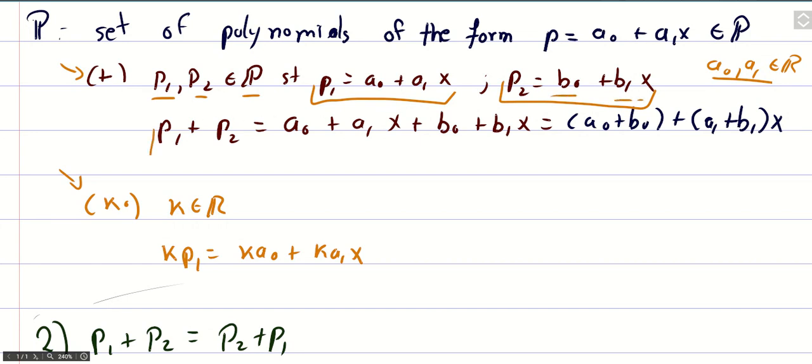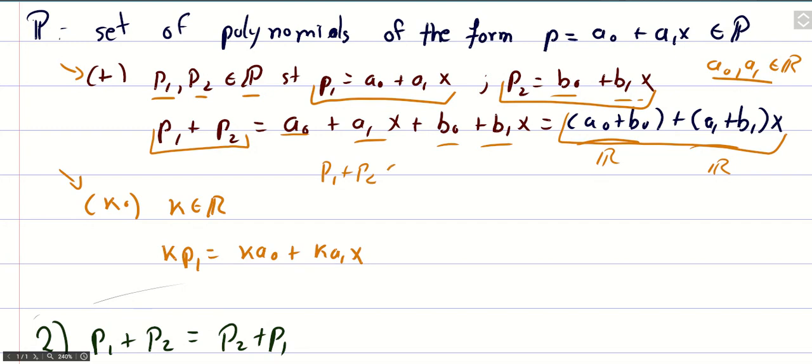So when we take the summation of these two polynomials, we get (a0 + a1x) + (b0 + b1x), and what we're going to do is group those coefficients that don't have x and those that are multiplied by x. So you can observe that this is a real number, this is also a real number, so we obtain again the same structure of P. So that means that the summation p1 + p2 is also an element of P.